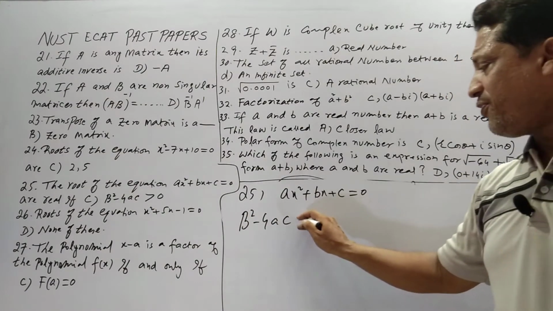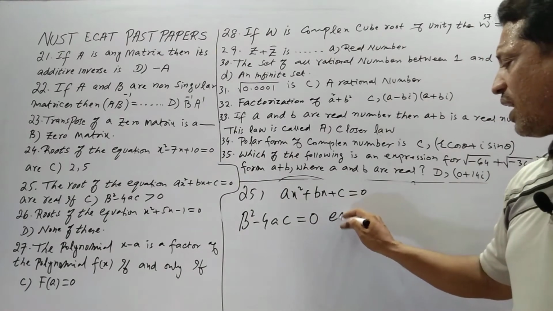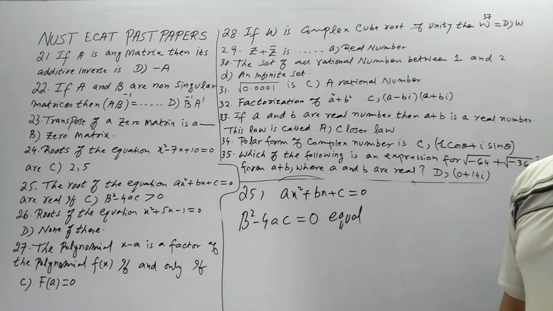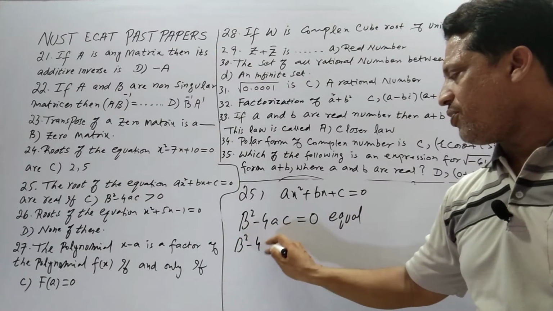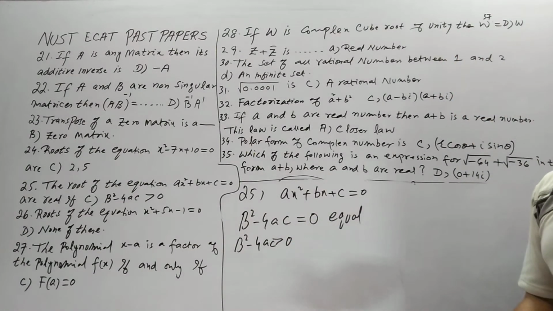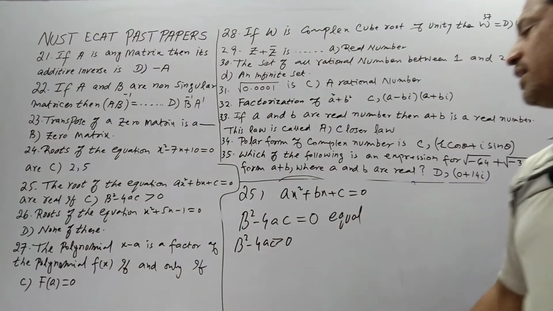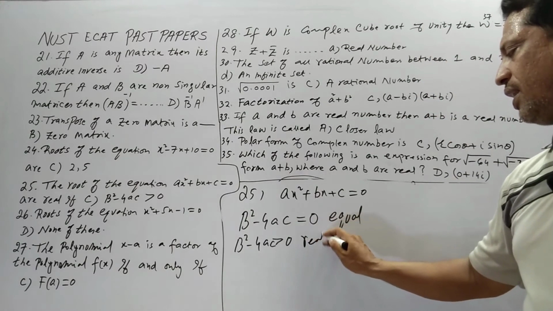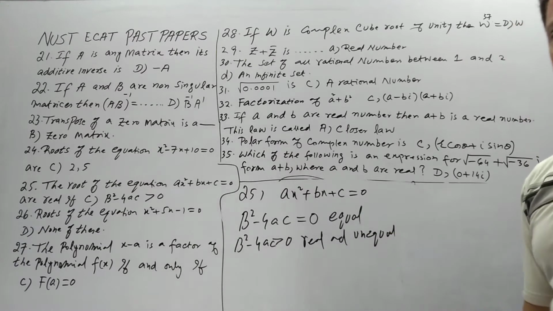If b squared minus 4ac is equal to 0, then the roots are equal. If b squared minus 4ac is greater than 0, or positive, then the roots are real and unequal.